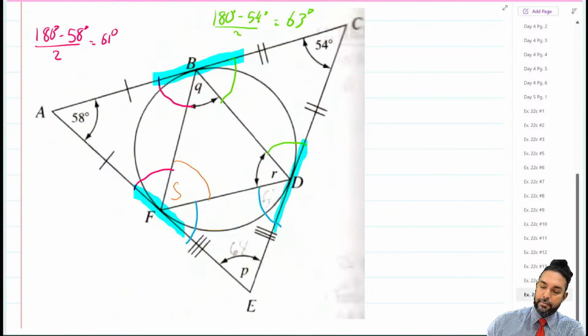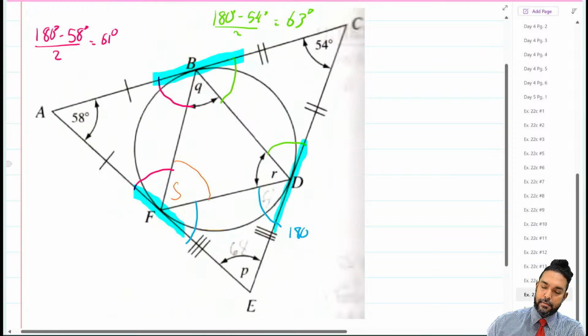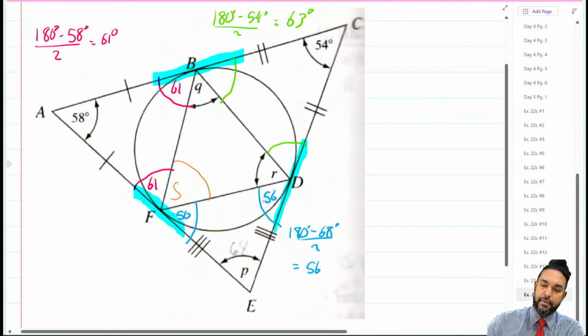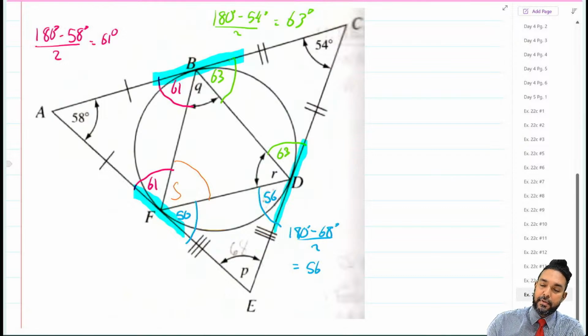And to find the blue, 112, that's 56, right? So that's 56, 56, 61, 61, 63, 63. So to find Q, you've got to add 61 and 63 and subtract from 180, right?